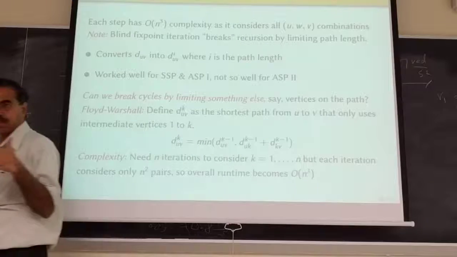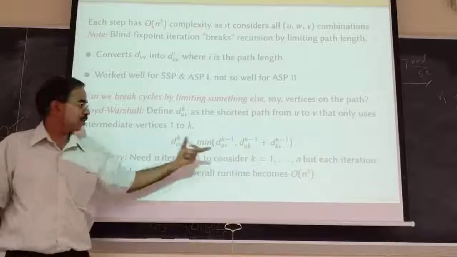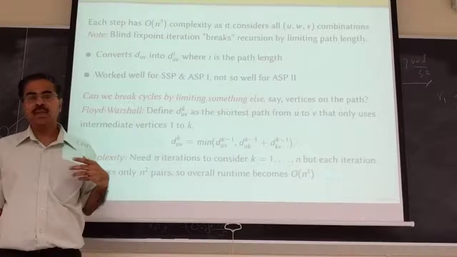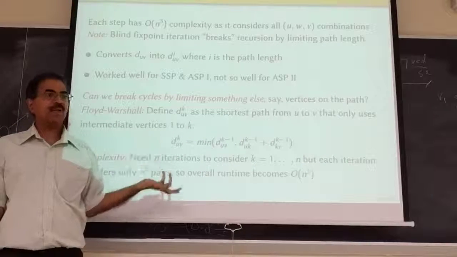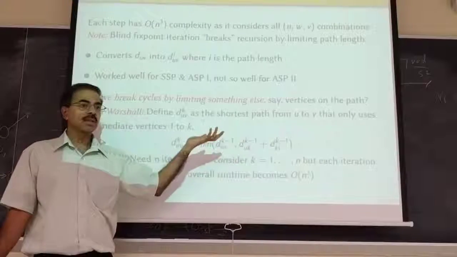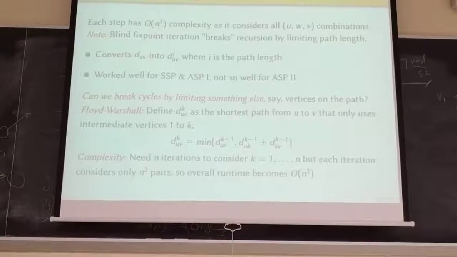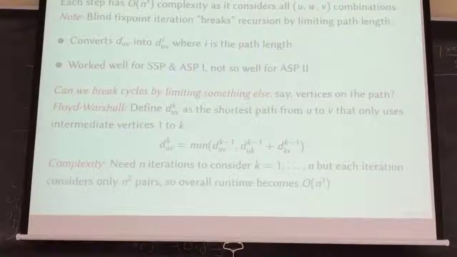So for each iteration in this form of the equation, each iteration takes n square time, right? But it doesn't take n cube time. So now n iterations, n square time, you get an O of n cube algorithm, right? Which is better than O of n cube log n.